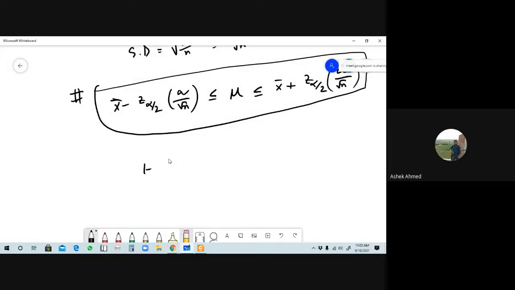What do you mean 1 minus alpha? This 1 minus alpha will be called here confidence coefficient. Confidence coefficient, which is denoted by 100 into 1 minus alpha percent.